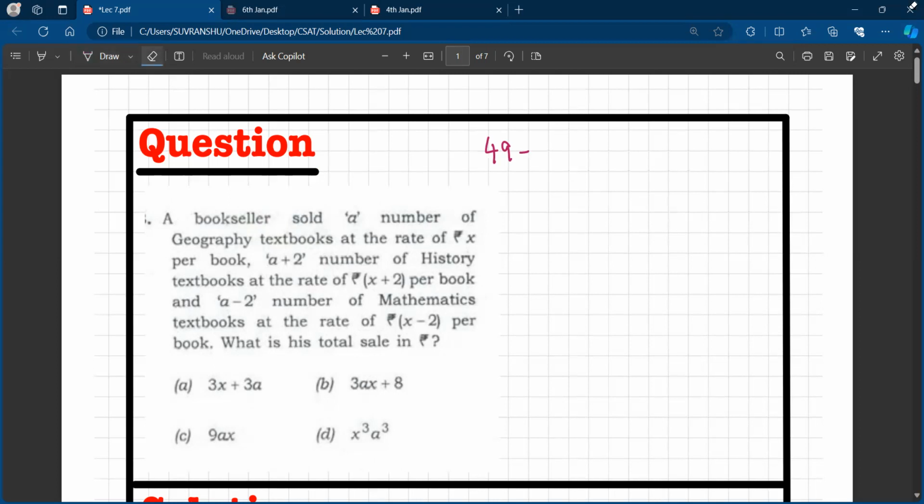Now let us begin with lecture number 7, that is from question number 42 to question number 49. Now with question number 42, let us read the question first. The question says, what is his total sell in rupees? That means it is expected of me to find the total value that a shopkeeper might have sold, some books, and we need to find the total sell.